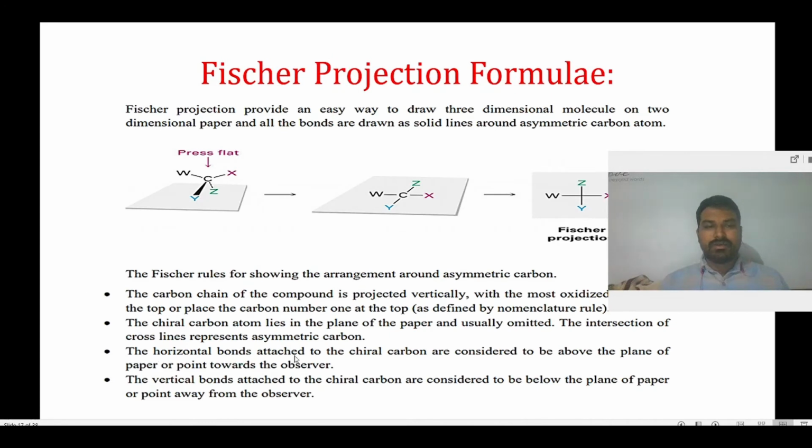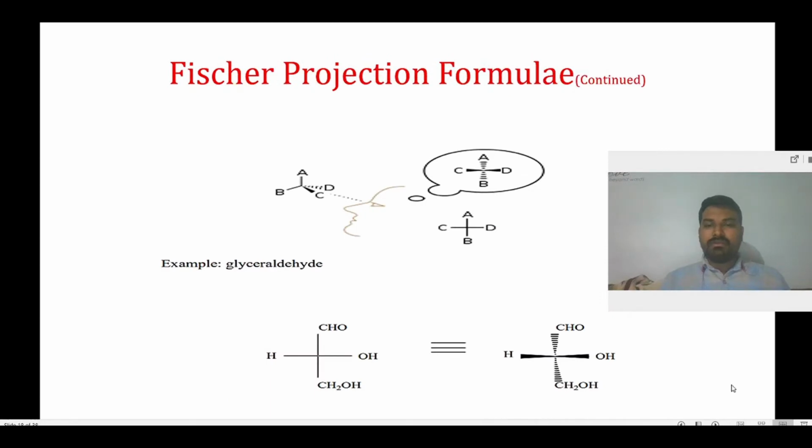The horizontal bonds attached to the chiral carbon are considered to be above the plane of the paper, towards the observer, and the vertical bonds are away from the observer. The horizontal bonds, towards the observer, are represented as thick lines, and the vertical ones as dotted lines.